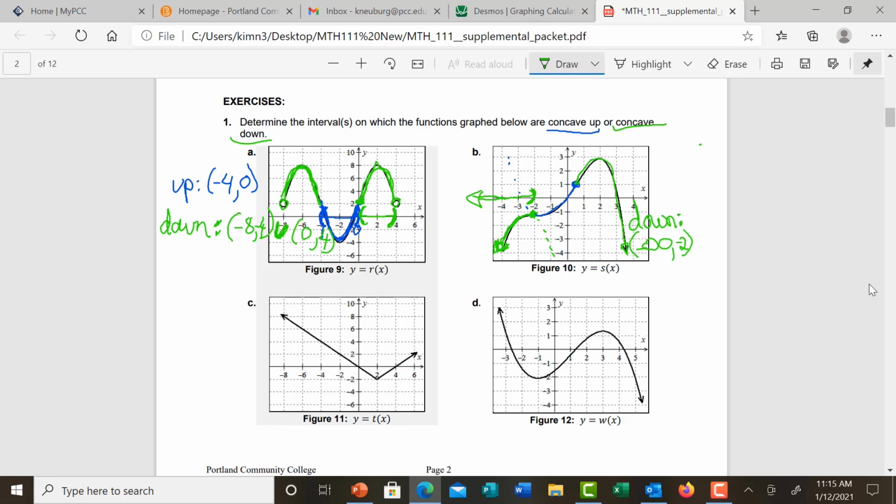But then notice there's blue, which is concave up. So there's a gap, so I'm going to do my union symbol. And then at about 0.5 it starts, and it continues on and goes to infinity again because of the arrow. Right here, we start being concave down again, and that continues out into infinity. So that would be from 0.5 to infinity. That's our concave down there.